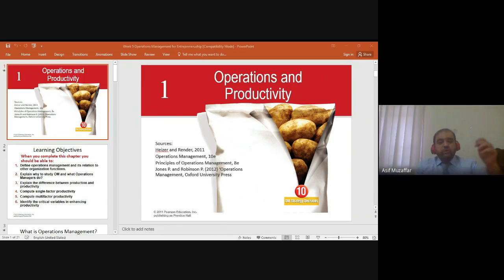Now, if they can produce more, up to the capacity their machines have, if they can use that capacity to the maximum effect, then the cost of this pen maybe will be 900 paisa or 950 paisa for them. So think about it. Now, if they sell it for 2 real, they have more profit.